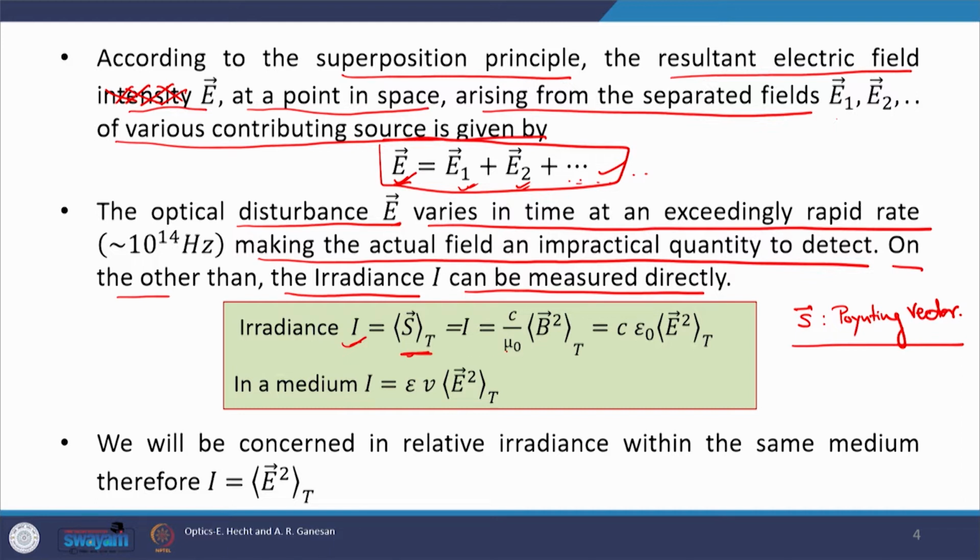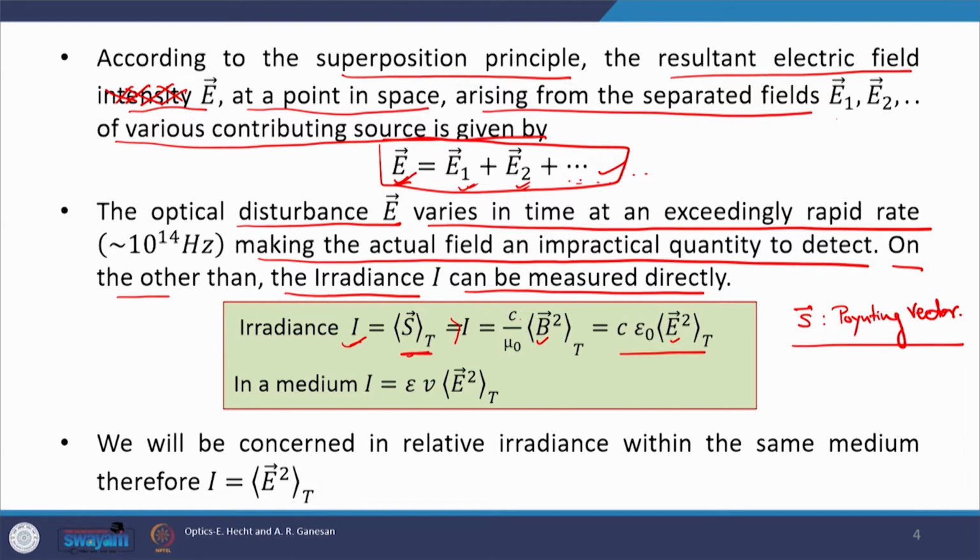Which we can write equivalently as C by mu naught times the time average of B square, and which is equivalent to C into epsilon naught times the time average of E square. B is your magnetic field and E is your electric field vector. If we take the time average of the E and B fields, then from there too we can calculate irradiance.